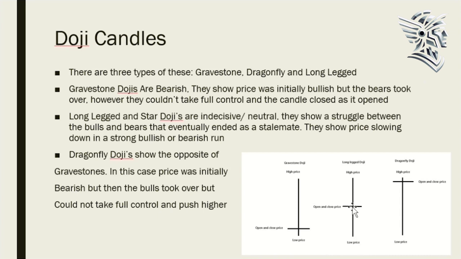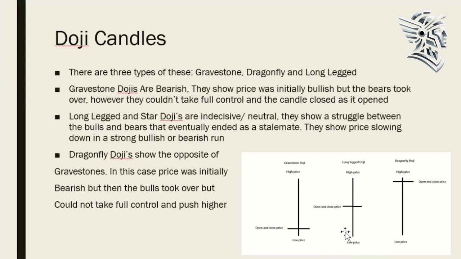So it basically means the market doesn't know which direction to go, which can actually be good if it's at the end of a strong run. For example, there's been a big downwards move in the market, and then you start getting dojis next to each other. It means the downwards movement has basically come to an end, and you can start looking for a potential reversal at that level.